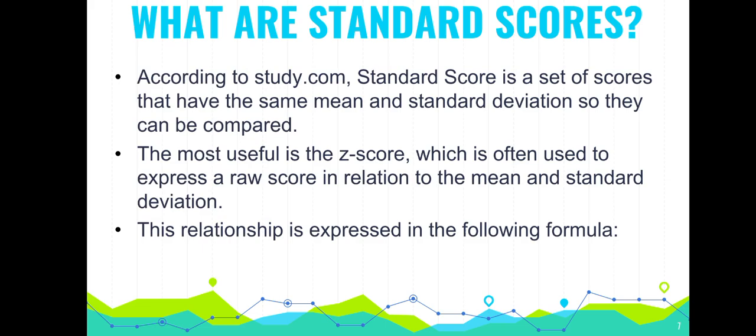What are standard scores? So, according to study.com, standard scores is a set of scores that have the same mean and standard deviation, so they can be compared. No? So, sabi doon, this allows for easy comparison of scores across different tests or assessments as they all have the same statistical properties. By converting raw scores to standard scores, we can see how far above or below the average a student's performance is regardless of the specific test or scale used.